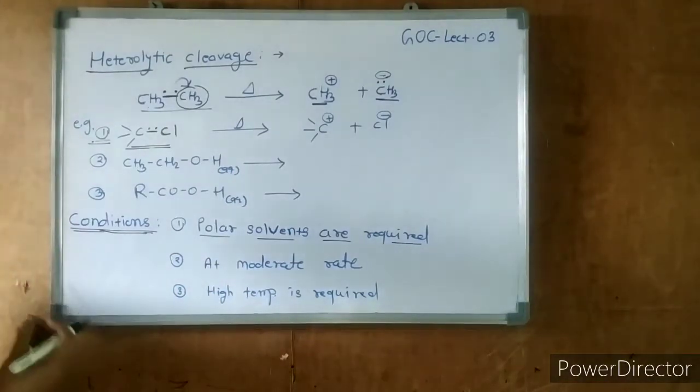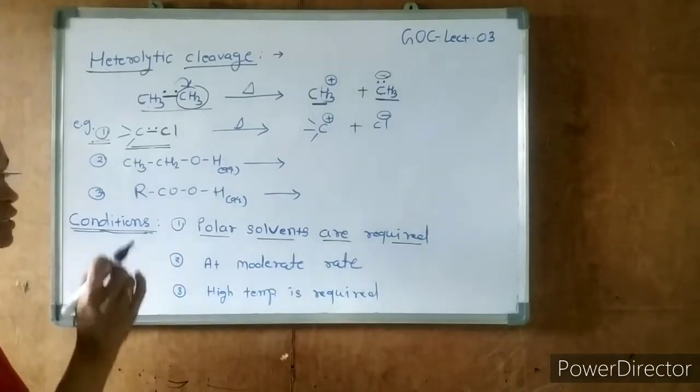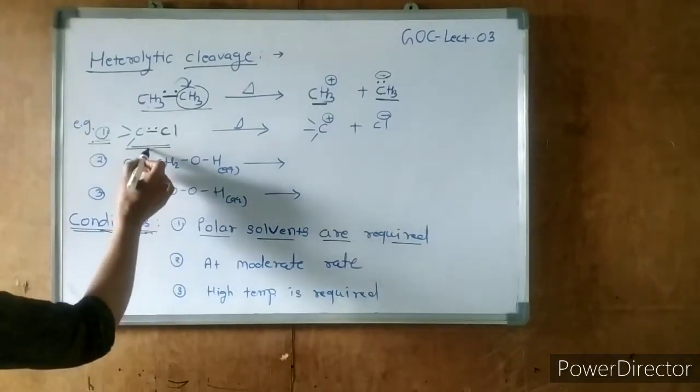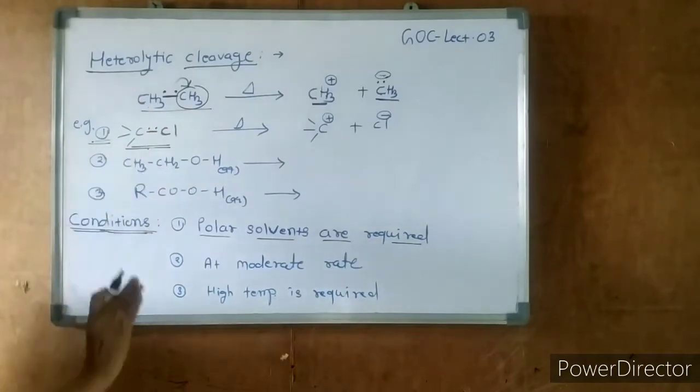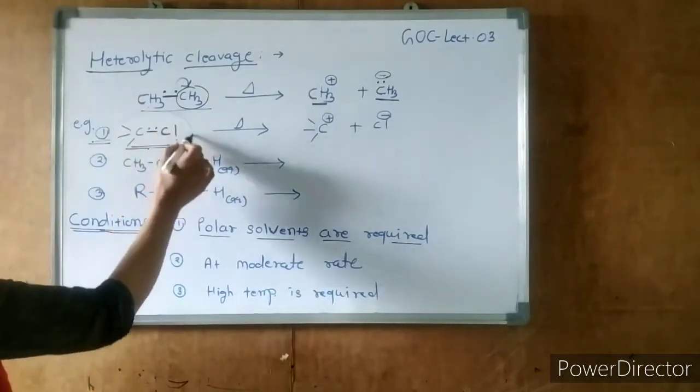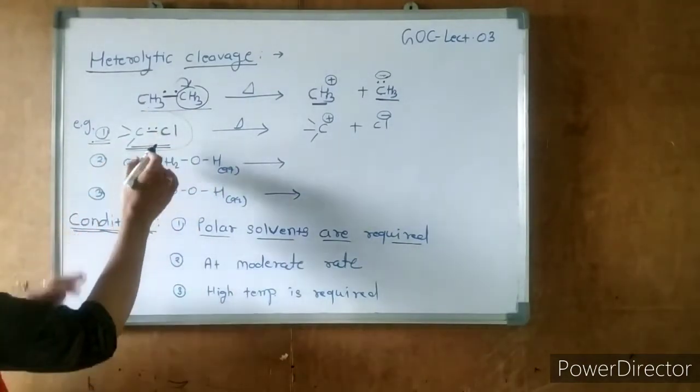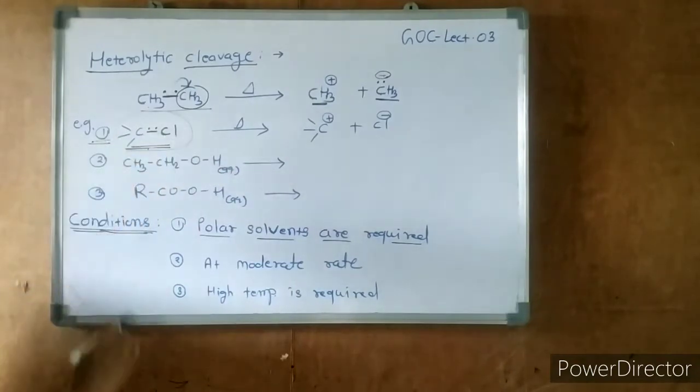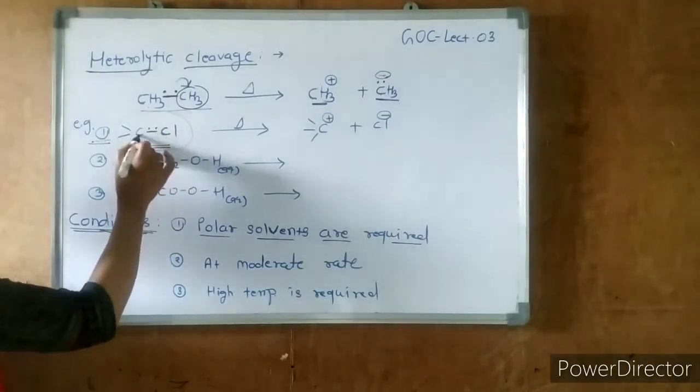So what is the first condition? Polar solvents are required. Now in this example, the molecule is already polar because of the difference in electronegativity between the chlorine and the carbon.